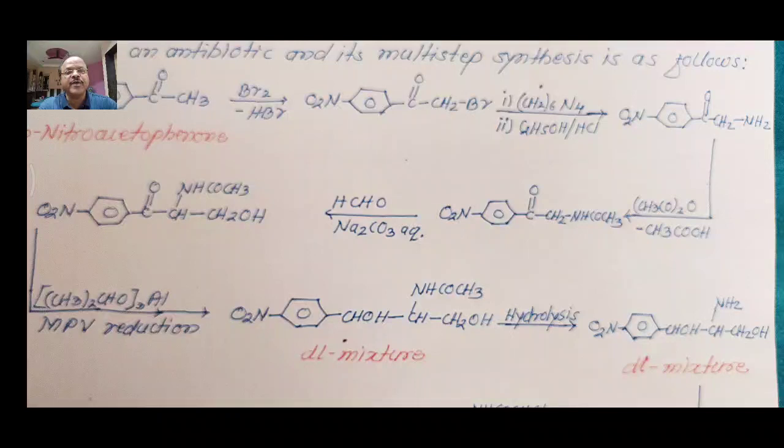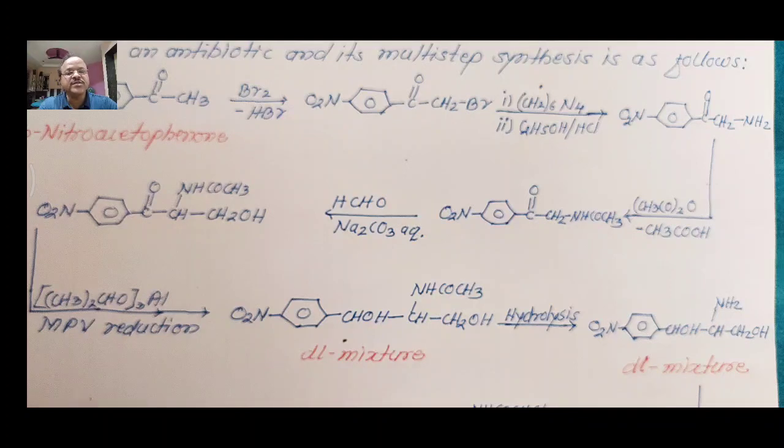Now this compound on MPV reduction reaction, aluminium tertiary butoxide reagent, is used in MPV reduction reaction. So [(CH3)2CHO]3Al, so this is called as aluminium tertiary butoxide. So this is the MPV reduction reaction. So we are getting DL means dextro and levo rotatory mixture.